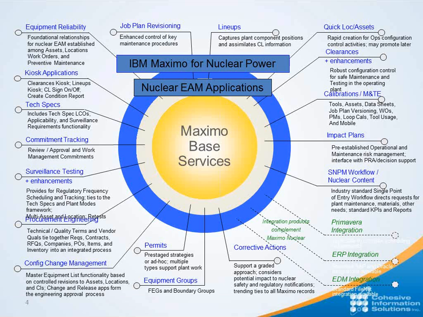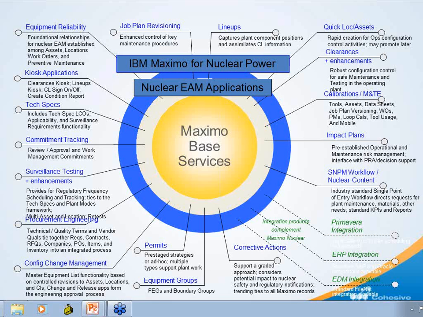So this is the famous spider diagram from the nuclear solution that shows you all the different modules and enhanced capabilities that come with the nuclear solution. The one we'll be focusing on today is in the upper right-hand corner, the clearances.